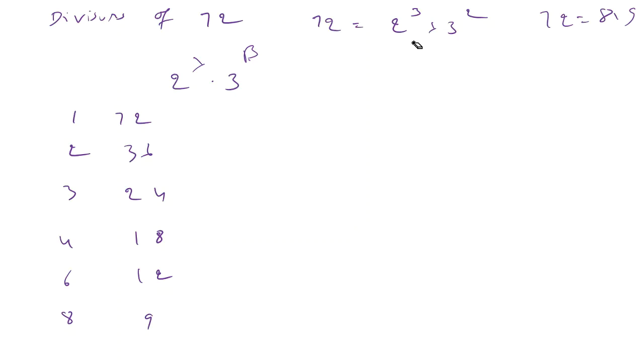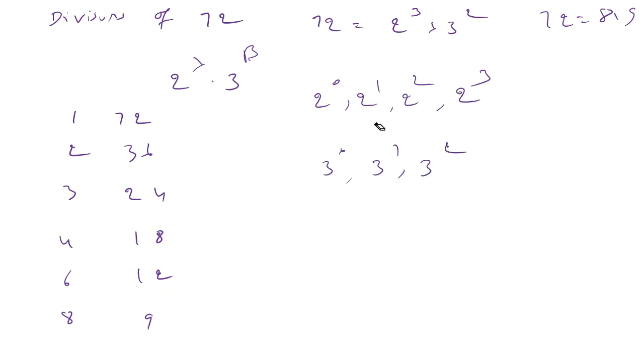So I can select 2's in 4 ways: 2 power 0 is a divisor, 2 power 1 is a divisor, 2 power 2 is a divisor and 2 cubed is a divisor. And 3 raised to 0, 3 raised to 1 and 3 squared, all these 3 are divisors. So all these 4 are divisors and all these 3 are divisors, and any product of these 2 is also a divisor.